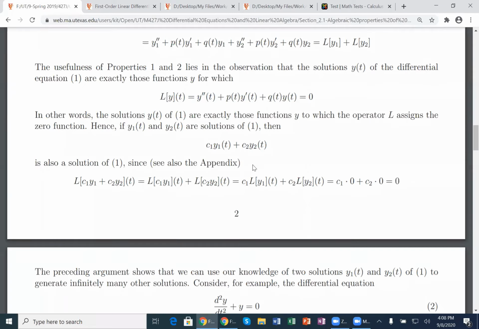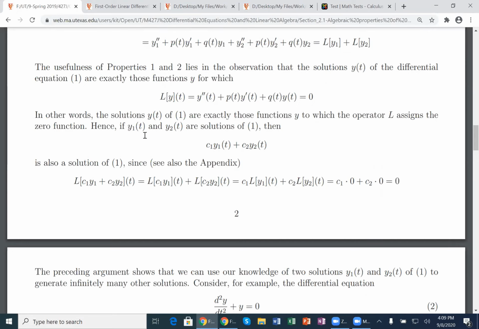Other questions? So are we going to use this to then be able to find that certain equations are solutions by breaking them down into that format of C1 Y1 plus C2 Y2? Exactly. In a moment, we will use this piece of information in order to come up with the general solution of certain equations of this type.